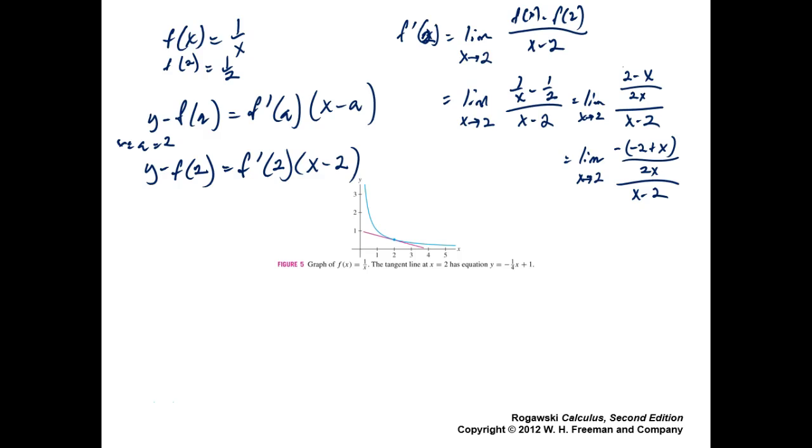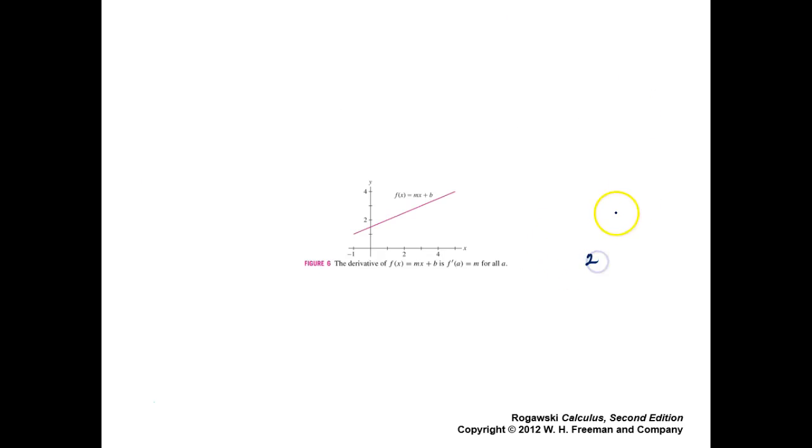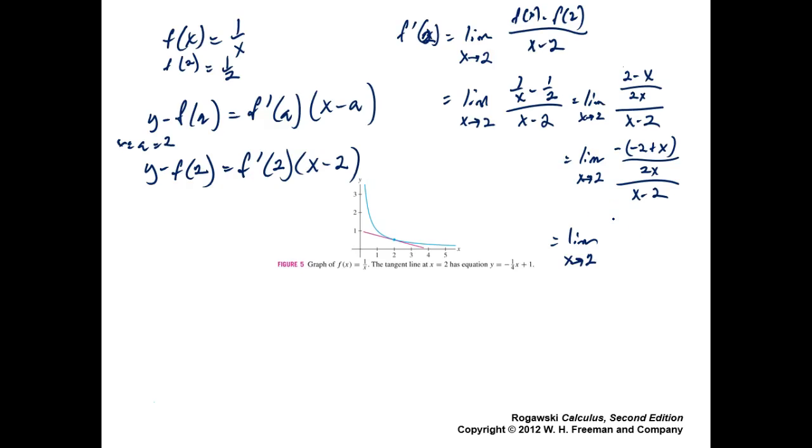Okay? Now, can you rewrite this? What would that be? X minus 2. All right. So that would be the same as minus x minus 2 over 2x over x minus 2.